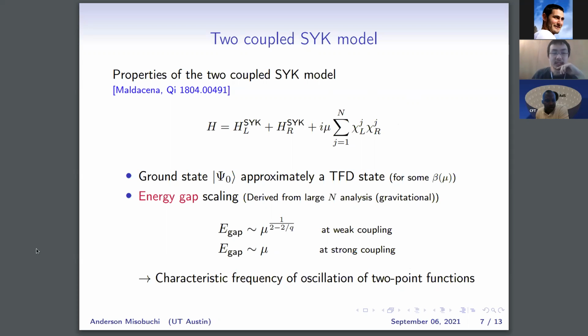So this energy gap is important because it's going to build the connection with the gravitational limit, and it gives, for example, the characteristic frequency of oscillation of the Green's functions.